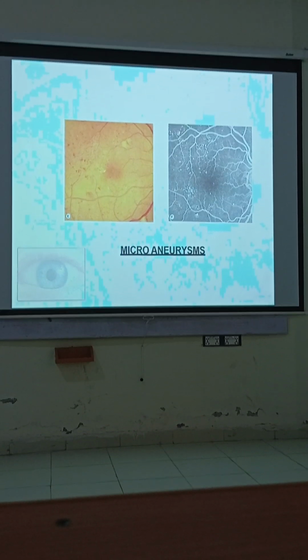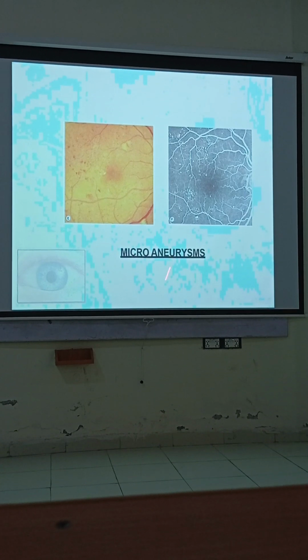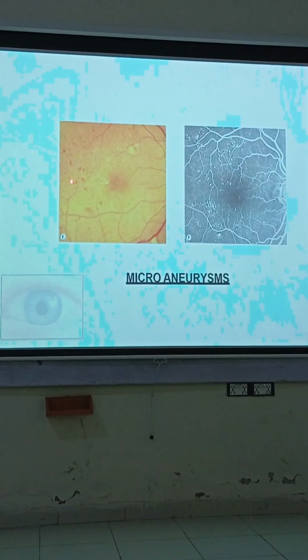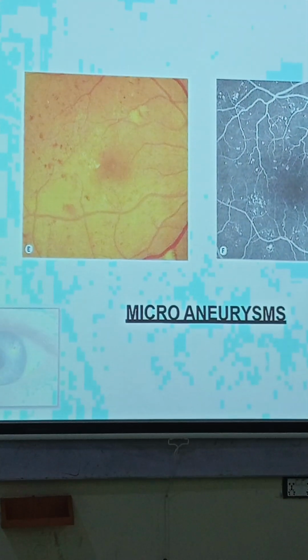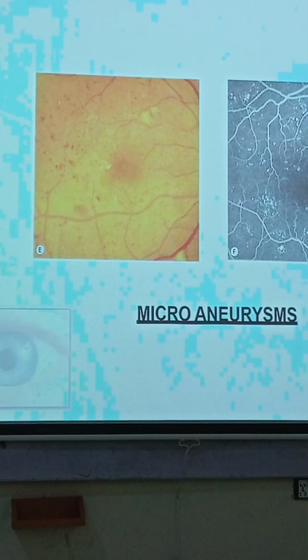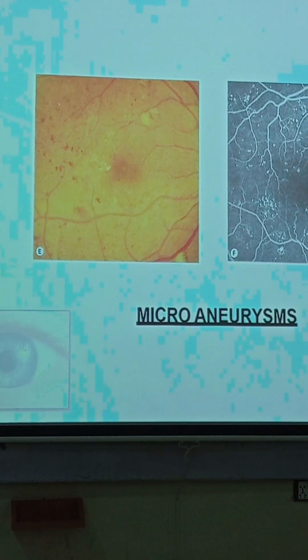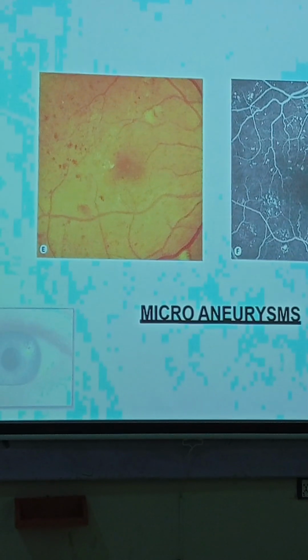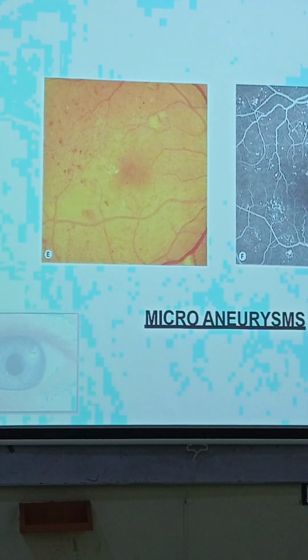These are microaneurysms. Can you see the red dots in the retina? This is a picture of the fundus taken by a fundus camera, which is showing the microaneurysm.